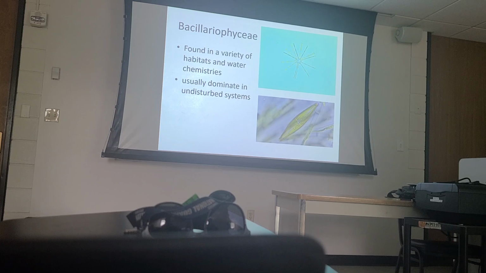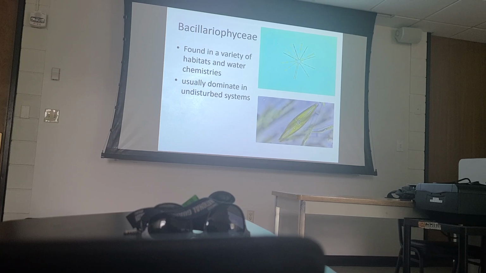And they're usually the dominant group in undisturbed systems. One of our big ways we disturb systems is adding nutrients to it, which brings in the greens and then the cyanobacteria. But if it's a relatively pristine area, you'll get mostly diatoms living in that system.